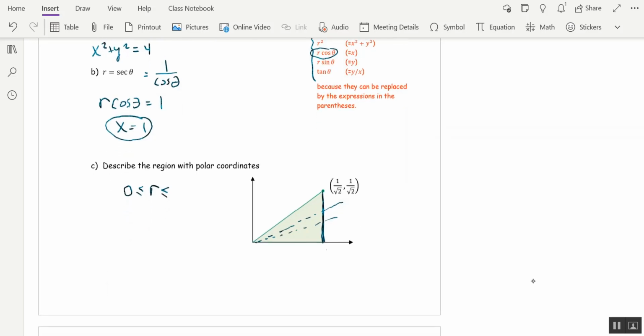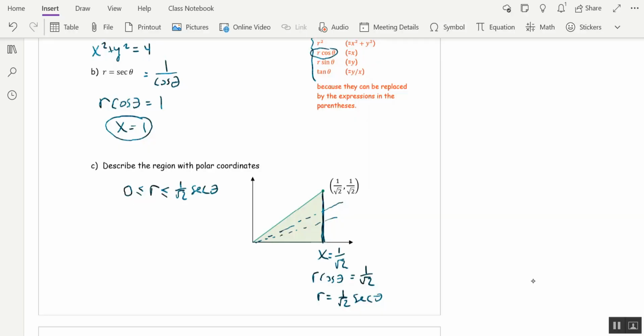So that's the line x equals 1 over root 2. But we have to convert that to polar. So that's r cos theta is 1 over root 2. So r equals 1 over root 2 secant theta. That's the upper limit on r: 1 over root 2 secant theta.